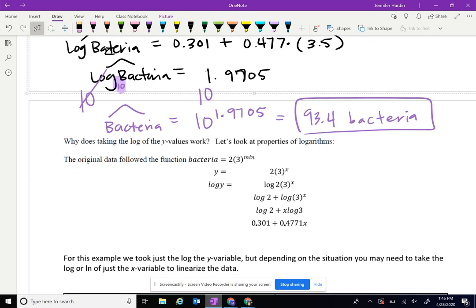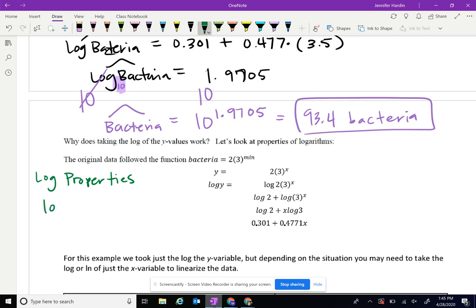If you go back to look at rules of logarithms, which basically are your rules for exponents, there were some log properties that you were supposed to learn back in Algebra 2 that you may have forgotten. Like I forgot how to spell properties.